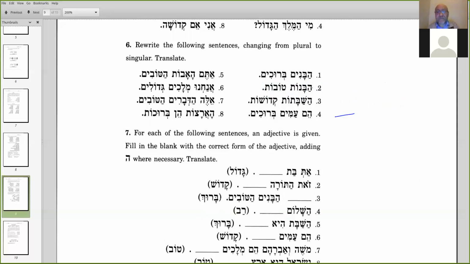We have ha shabbatot, which is the Sabbaths. The Sabbaths are set apart. So we need to make this say the Sabbath is set apart. So it's simply going to be ha shabbat. We're going to change this to a singular.